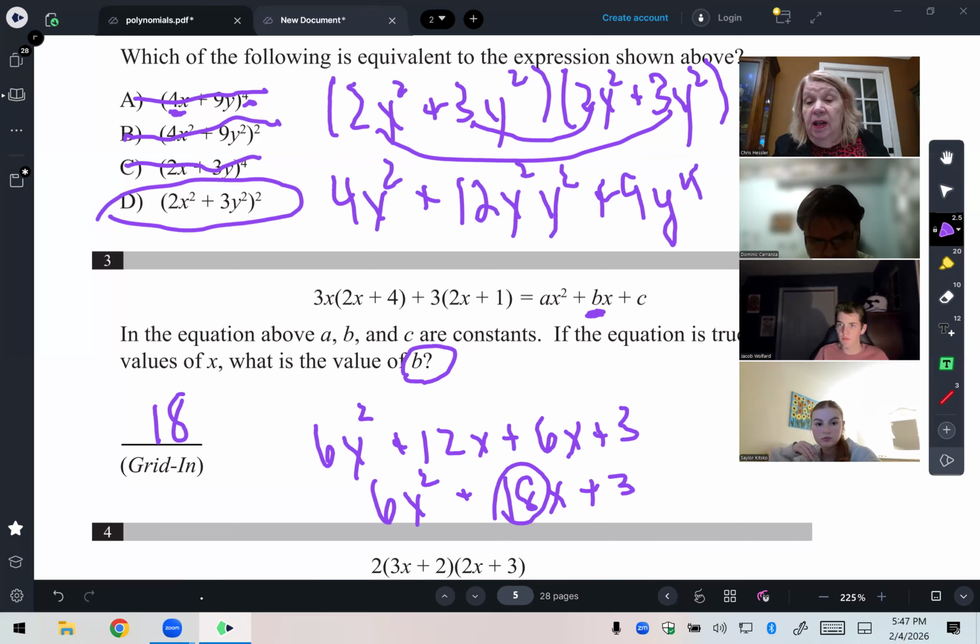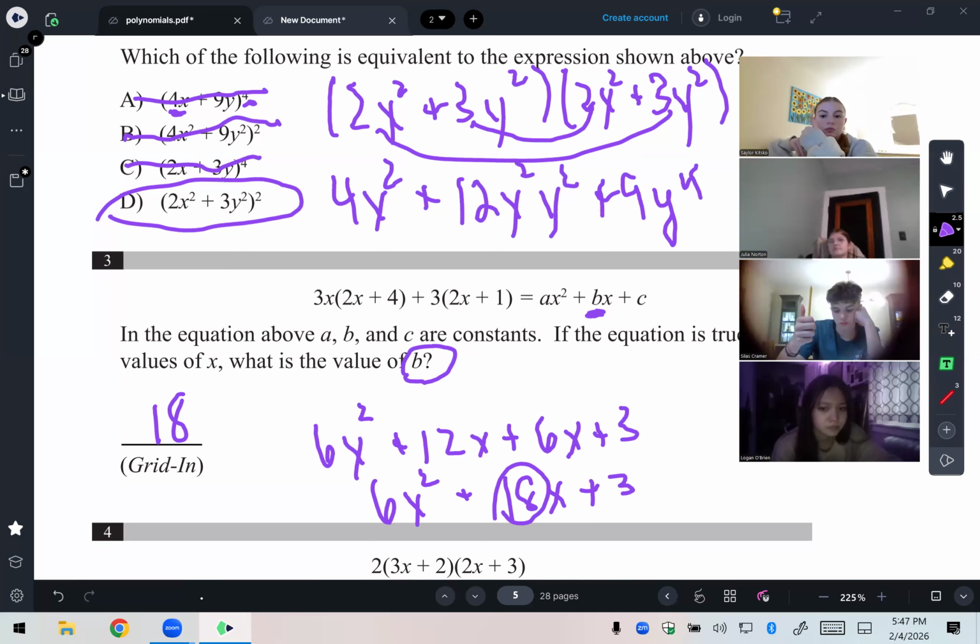Did everybody get 18? Dominic, you're good with 18? And Jacob? Good. Everybody here, Logan, you're good with 18? Good. Okay, let's try the next one.